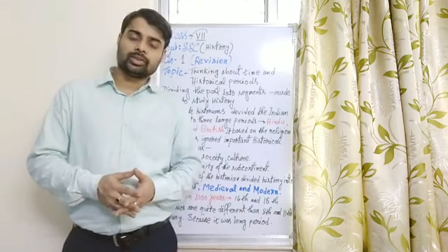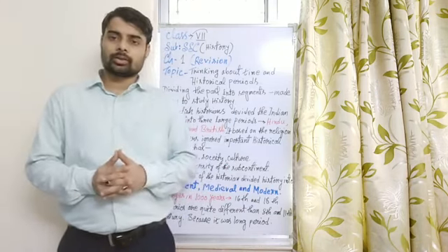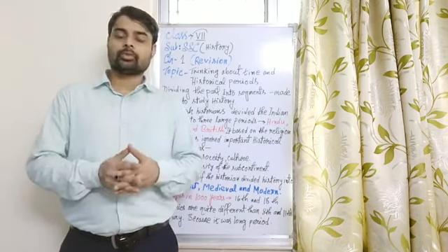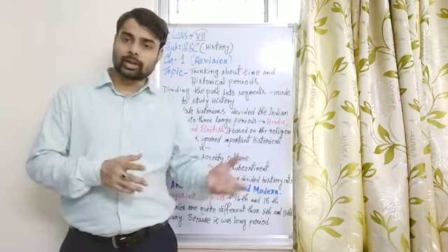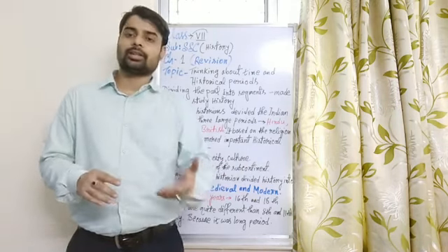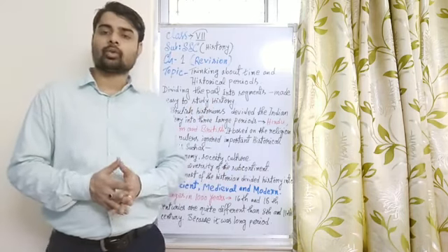And if we see carefully, our administrative system, our agrarian or land revenue system, our agriculture, our technology, our language, our religion, society and culture are very much influenced by the culture of the medieval period.